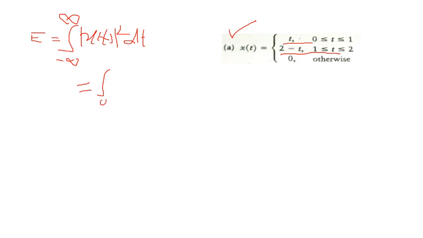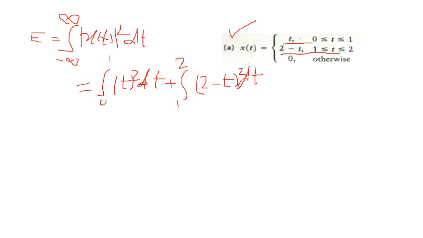So for 0 to 1 the value of the signal is t, so we will square it because it's in the formula, t square dt, plus, for the second interval, 1 to 2, its value is (2 minus t) square, dt.